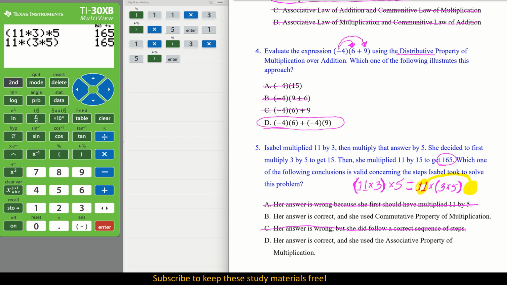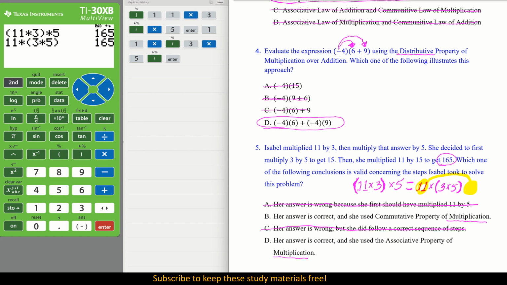Now, let's evaluate what she did. Which operations did she use? Well, I see multiplication only, right? I see commutative property of multiplication for B, but let's look at D. D says her answer is correct and she used the associative property of multiplication. Yes, I see the multiplication. Which one did she use? We just talked, though, about, remember my highlighting I have there?